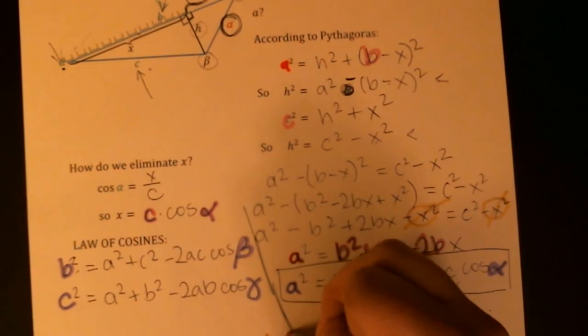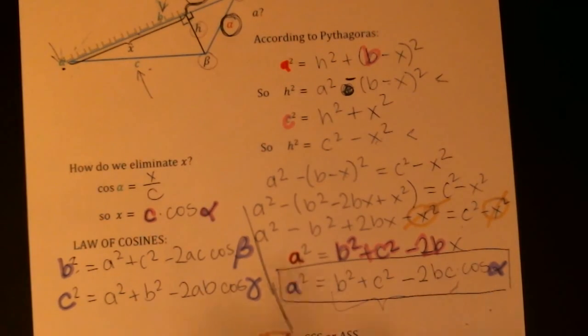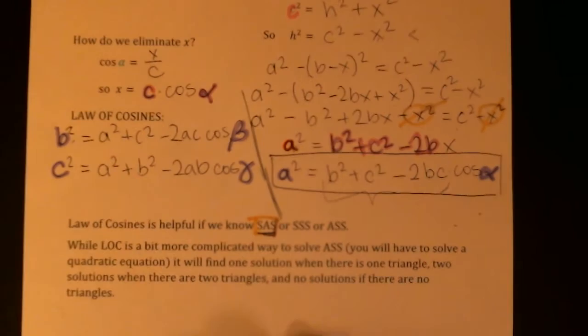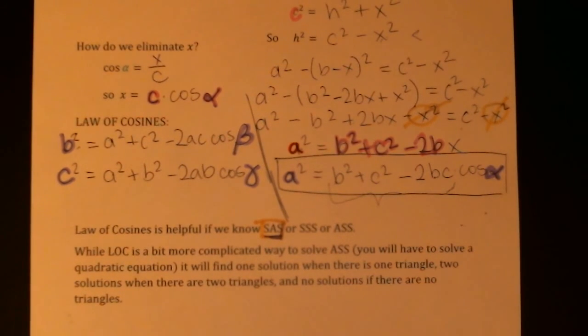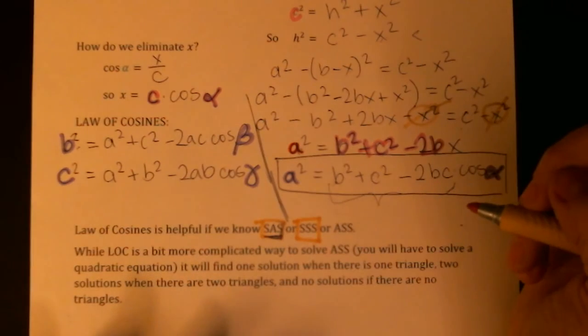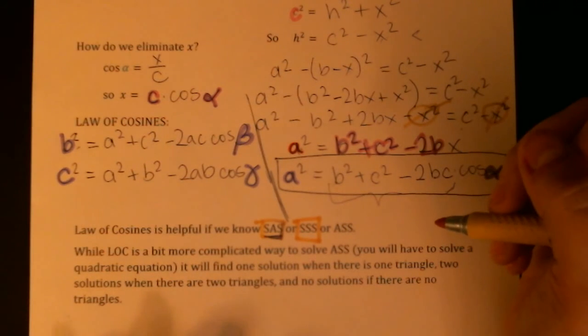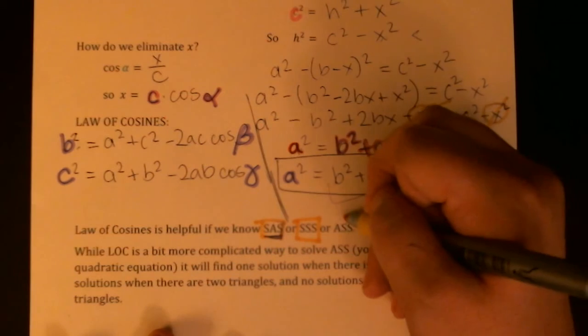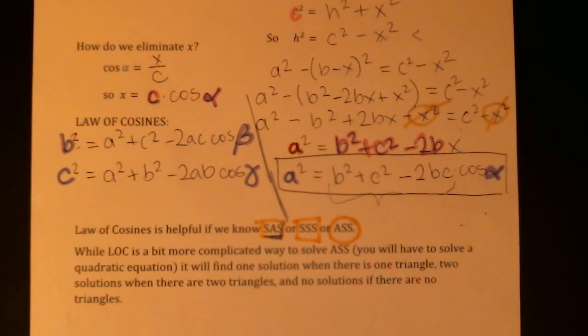Side angle side was not something that law of sines would help with, but it is something that law of cosines will help with. The other thing that's new is it also works on side, side, side. That was not okay for law of sines, but that is okay for law of cosines. And then angle side side is one that we can already use law of sines for, but it can be tricky because we can get the no triangle or the two triangle situation, the ambiguous case.